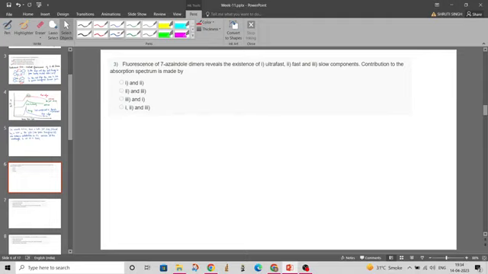From the time resolved fluorescence spectra, the time resolved fluorescence intensity is given by this.